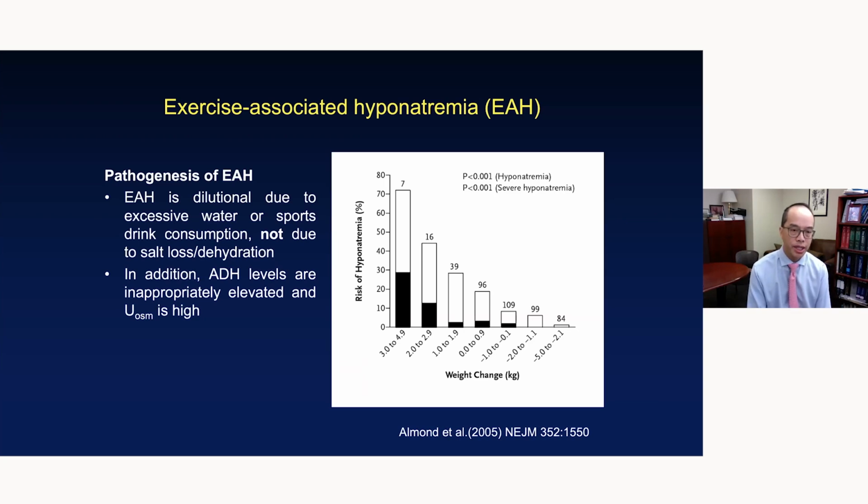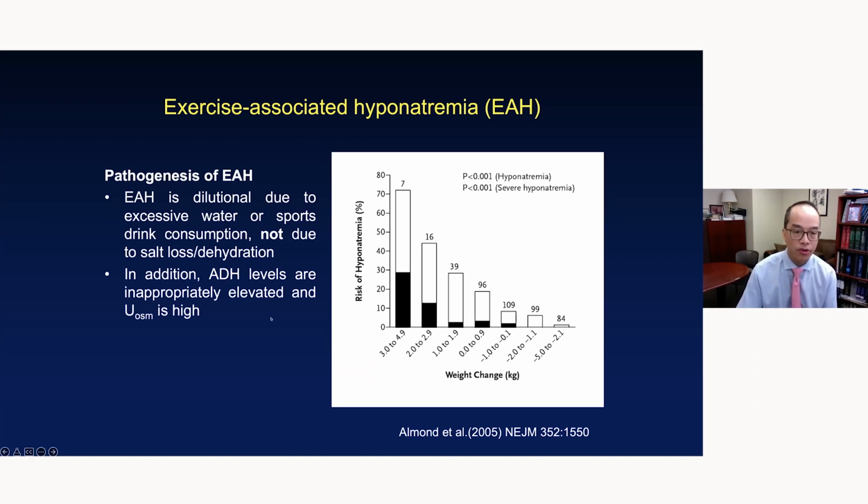It's due to excessive drinking of water and/or sports drinks, and not due to dehydration. What you can see here is that the patients with hyponatremia generally had weight gain during the race. In fact, the more weight gain they had, the greater their risk of hyponatremia. So this is not hyponatremia from dehydration, this is hyponatremia from excessive drinking.